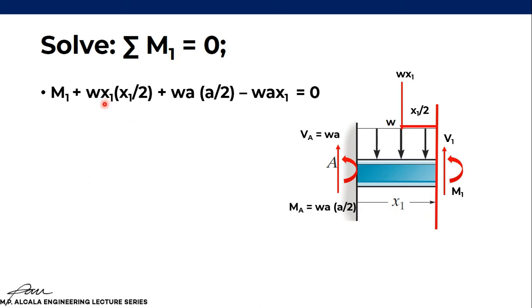So that will be W x sub 1 multiplied by its moment arm, positive, so it's a counterclockwise value. Next, adding up, what is this? WA multiplied by A over 2. This is your moment, the positive one. And then minus, what is this?